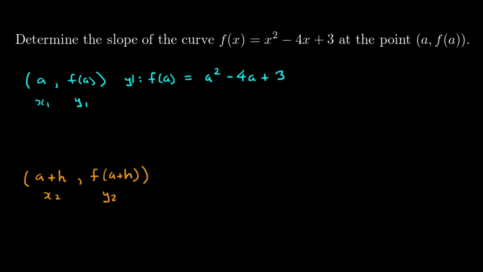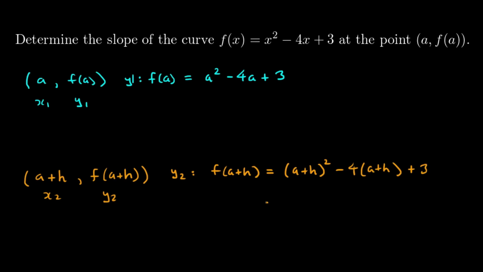Okay, now for the one that requires a little bit more work, for our second y value, we're going to have to figure out what f of A plus h is. So here's where we have to input a plus h into our entire quadratic function. So we have to square a plus h. We have to go minus 4 times a plus h, and then add 3, of course.